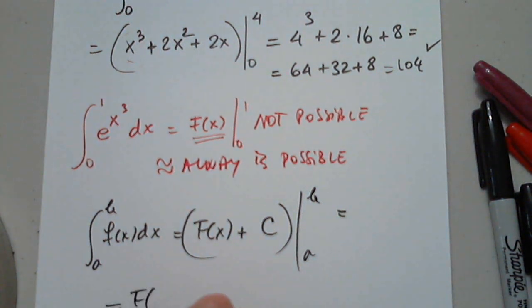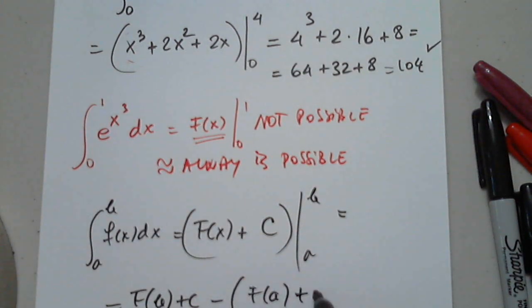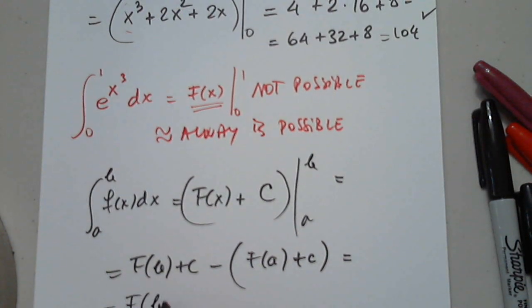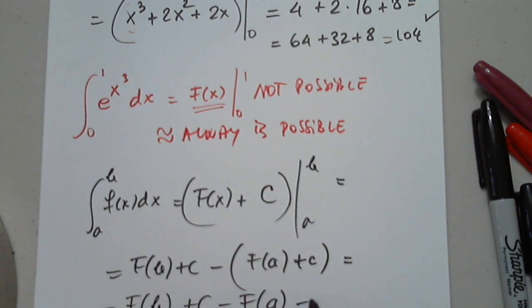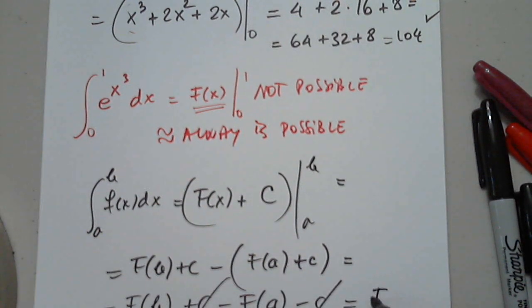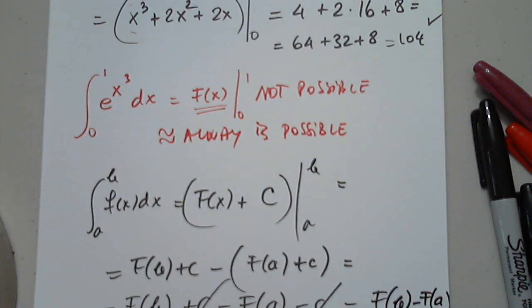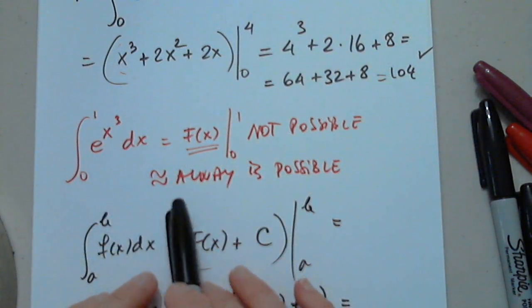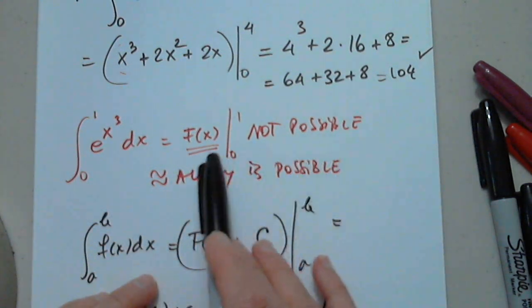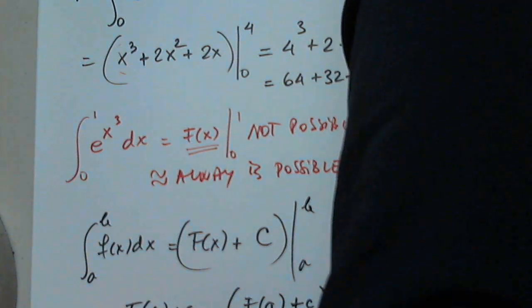I plug in b, f of b plus c minus, I plug in a, f of a plus c. So f of b plus c minus f of a minus c, f of b minus f of a. Is this okay? Yeah, that makes sense. Thanks. Perfect. So the approximation is always possible, but the exact, in certain situations, we will not be able to.